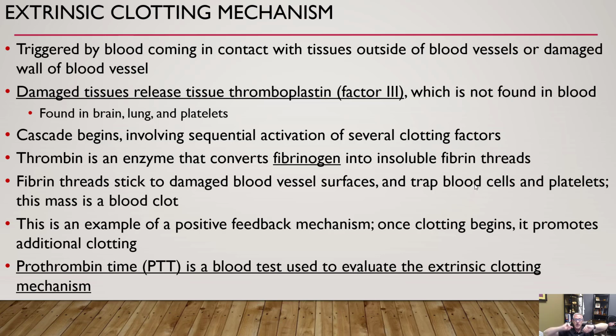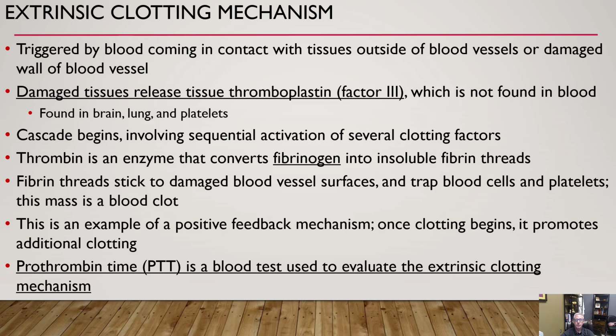mechanism. And remember that I said that the extrinsic pathway, or extrinsic, means tissue factor pathway. It's triggered by blood coming in contact with tissues outside of the blood vessel, or a damaged wall of the blood vessel.